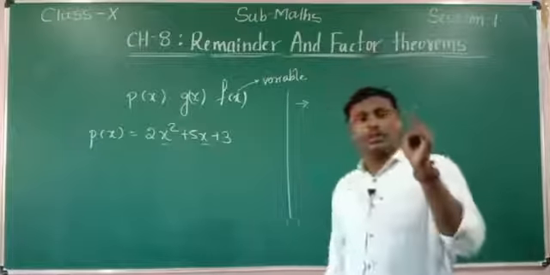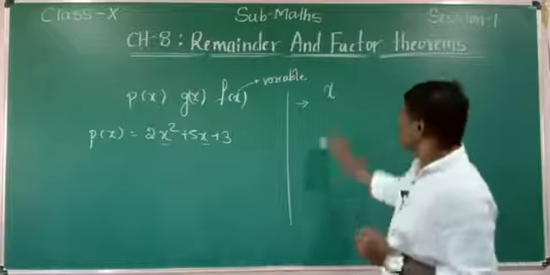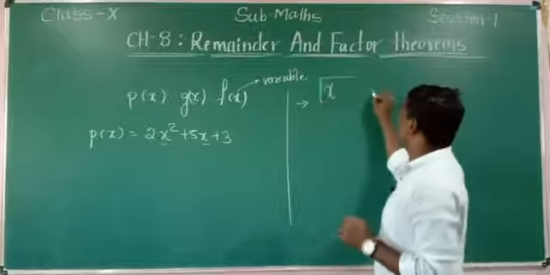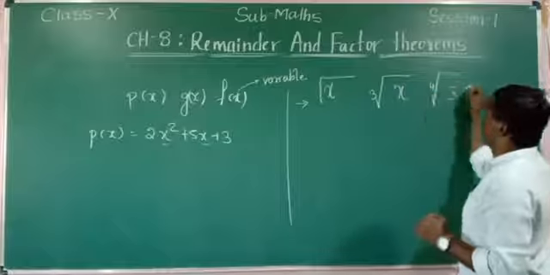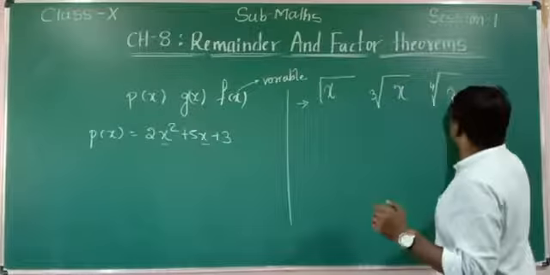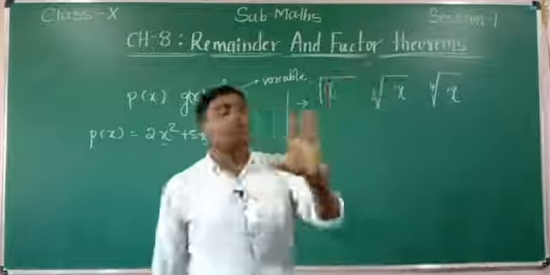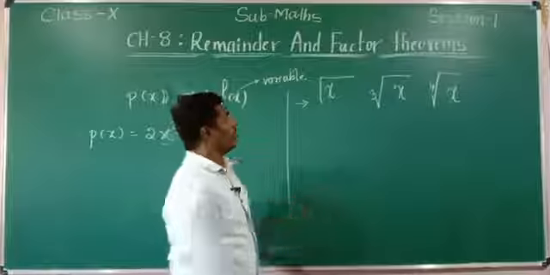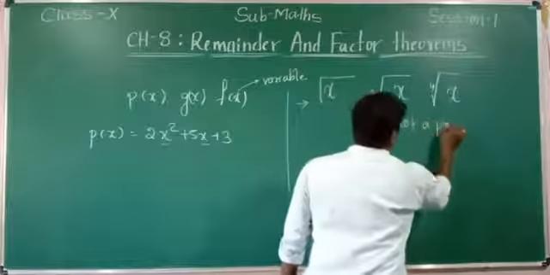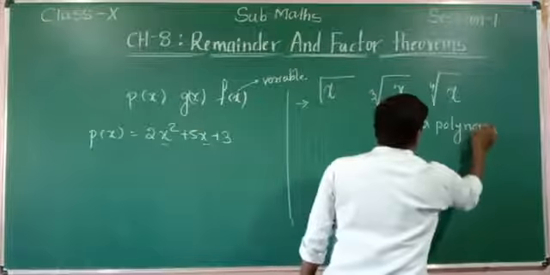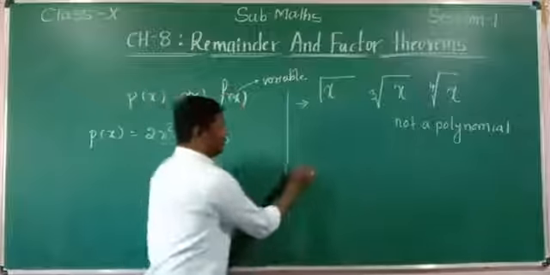First one, if the variable comes under the square root or the cube root or the fourth root, it means if it comes under the roots, then it will not be considered a polynomial.